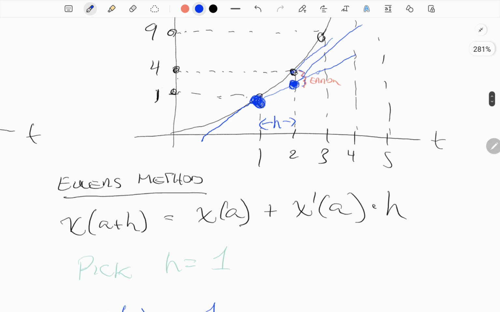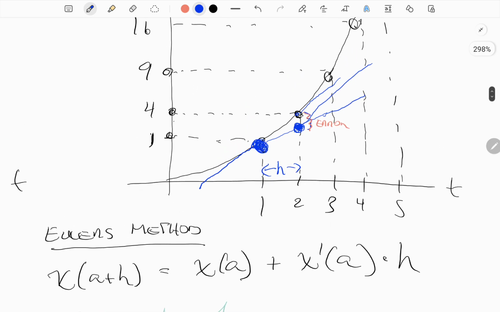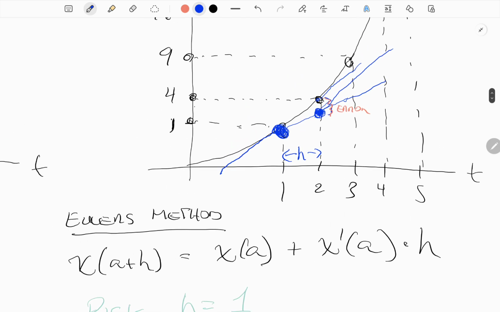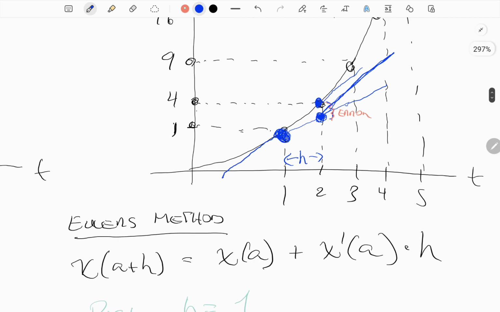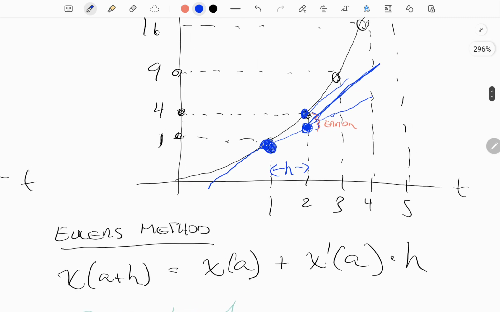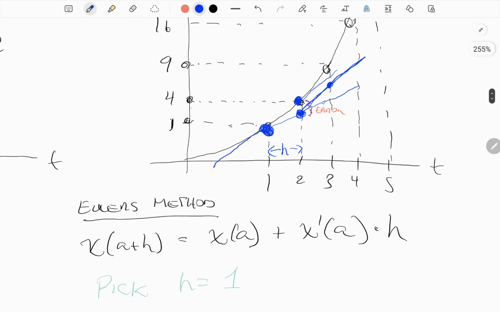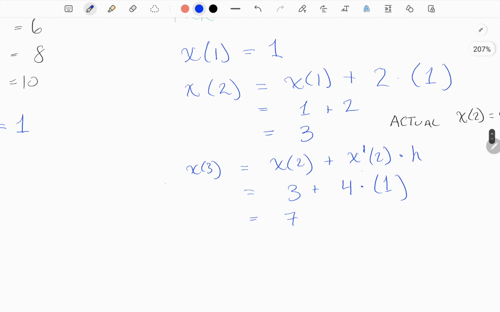We're taking this point, the slope, the tangent, that's known, and we're projecting out, and that's giving us the next point, and you can start to see that the error is accumulating.